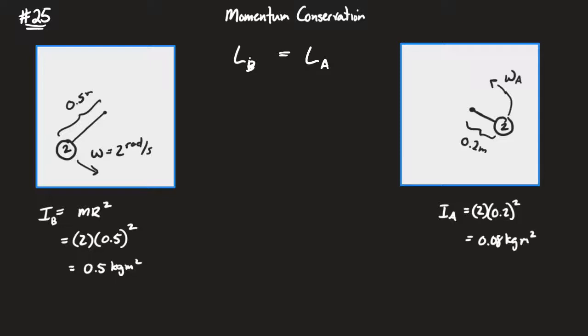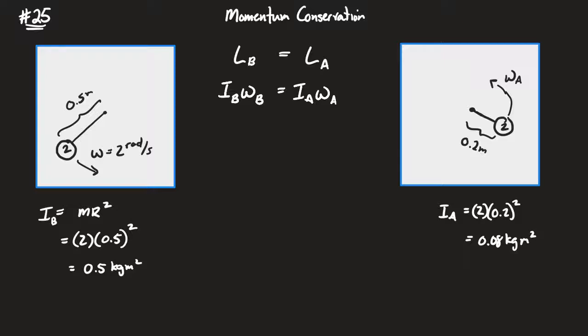So let's say before and after. Before and after. That means the moment of inertia before times omega before equals moment of inertia after times omega after.